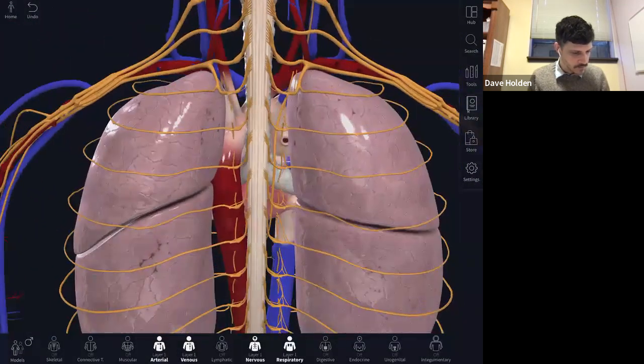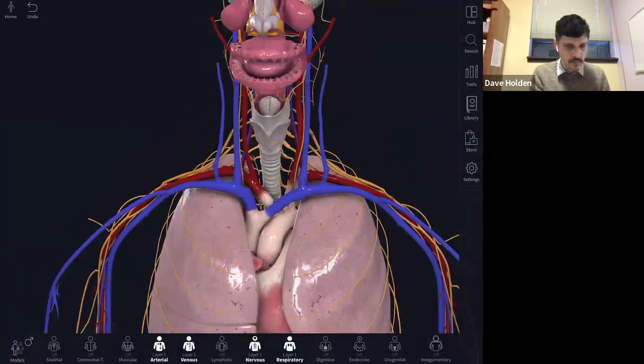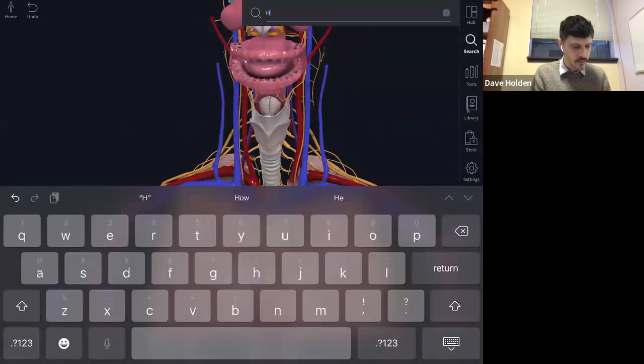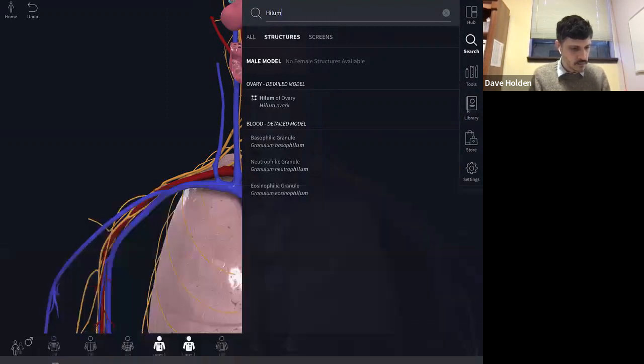I'm looking for it. Nope, the only one this app will show me is the hilum of the ovary, and that is not on our agenda for today.